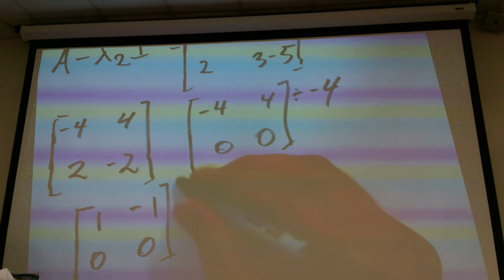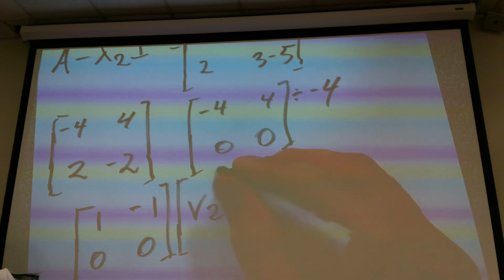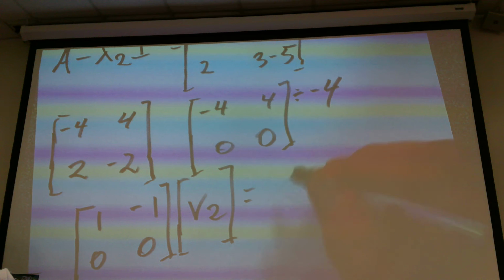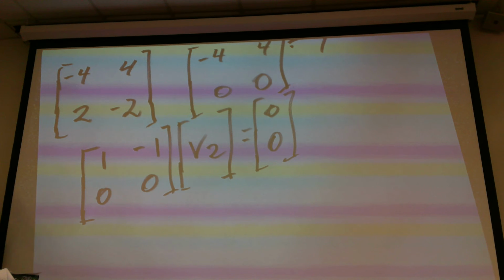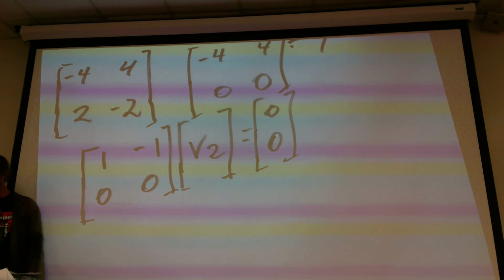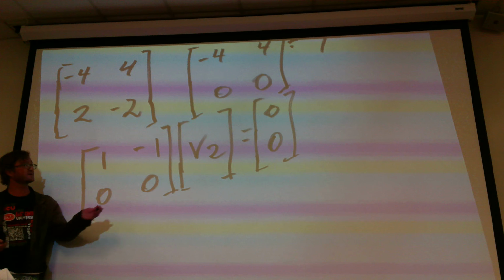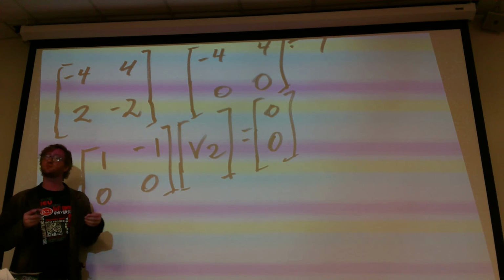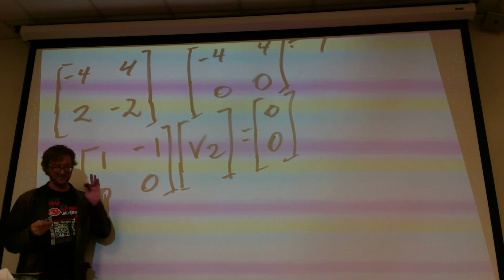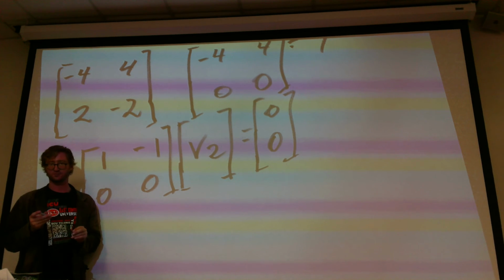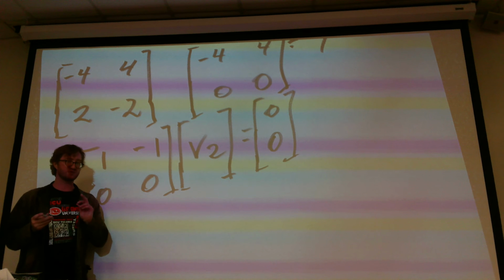Now this acting upon v2 equals 0, 0. Okay, so what does that tell me? This is a free variable right here. So remember, whatever you're doing, you're going to flip it to the other side of the problem. So this is saying x1 minus x2 is going to equal 0. Okay? Or that x1 equals x2.